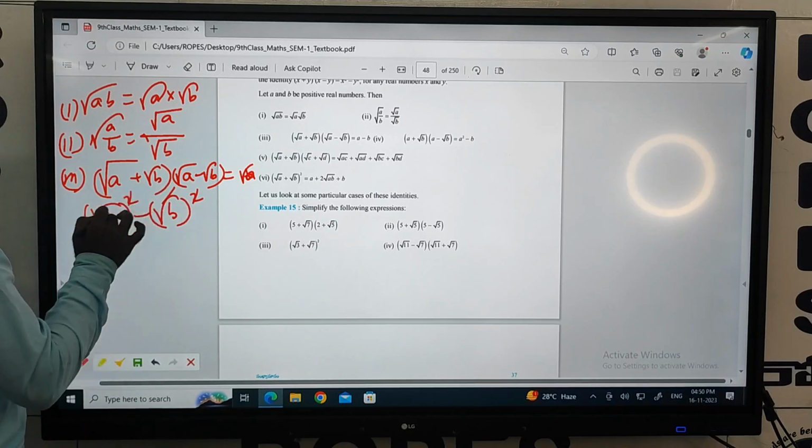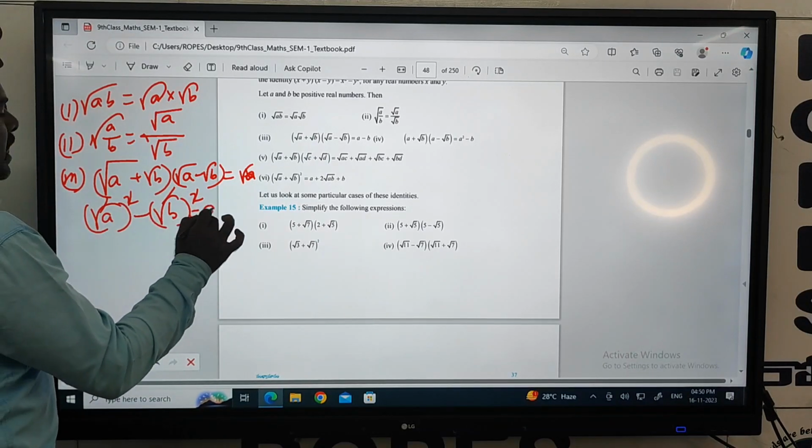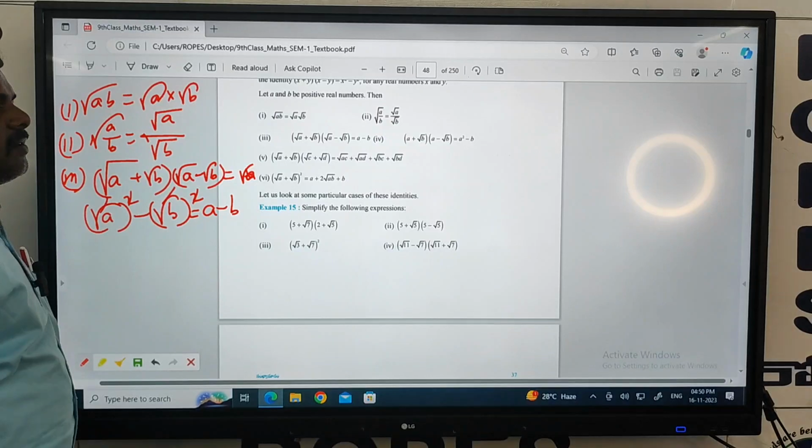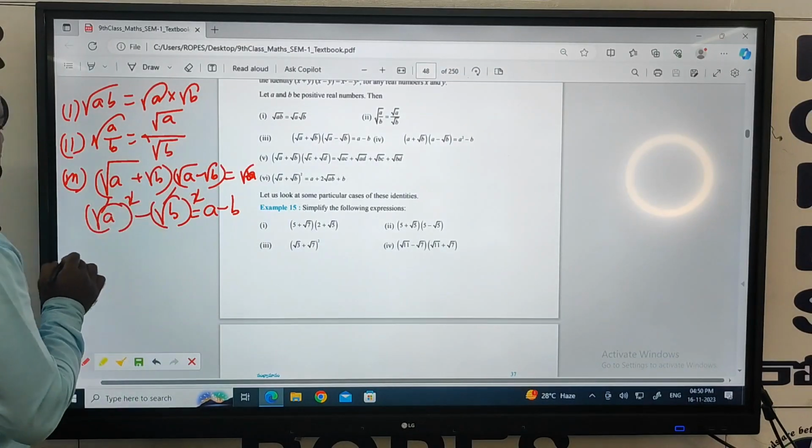The square root and square cancel, and finally we get A minus B. This is the method.